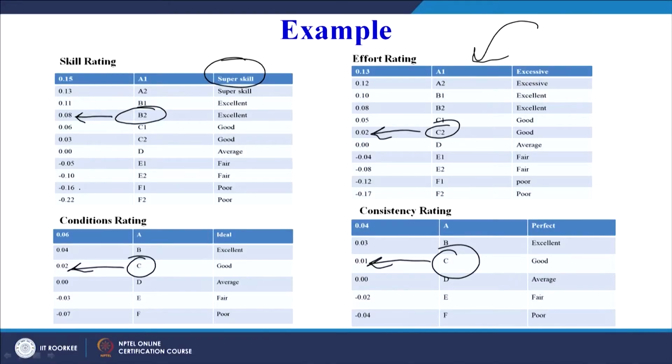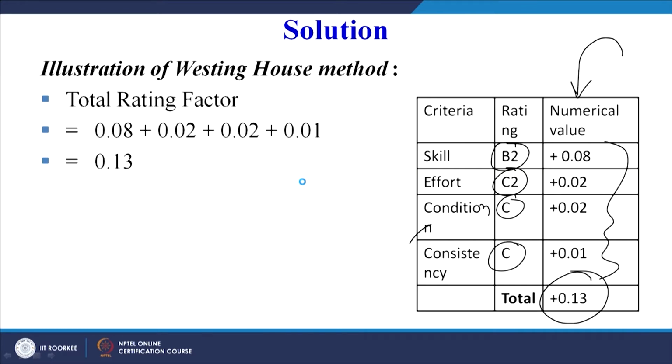You can see here minus 0.02, minus 0.05, minus 0.07, minus 0.02. So we have negative values also in the tables, but here all the values are positive with the plus sign. So we will find the total rating factor. If we add up all these, it comes out to be 0.13 with a plus sign.